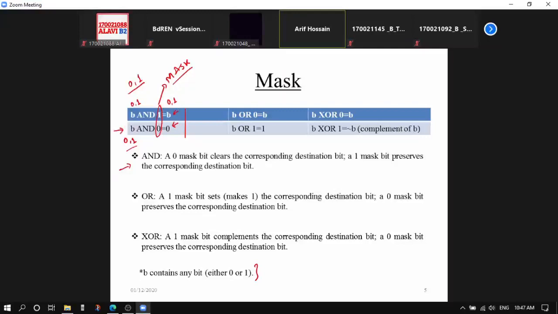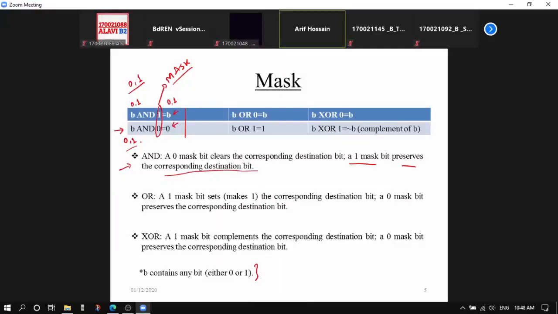So if you provide 0 with AND, it will clear the corresponding destination. Clear means it will become 0 irrespective of the value of B. And if you provide 1, then your mask bit will preserve the corresponding destination bit. If you provide a mask of 1 with AND operation, whatever was your original bit, it will preserve that original bit. Is this portion understood?